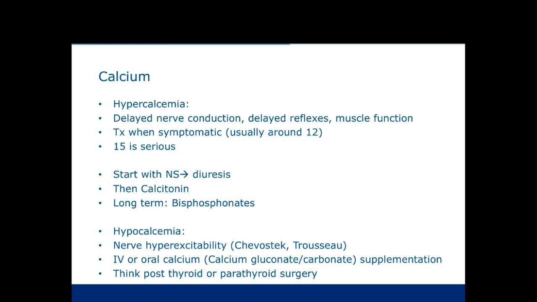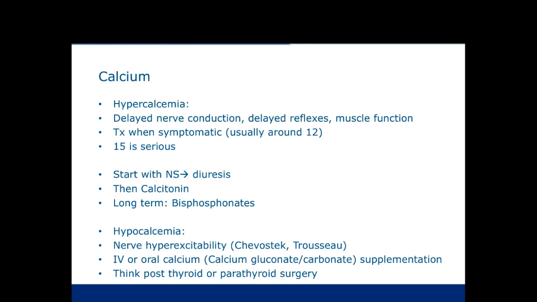No matter what the cause, whether it's malignant, primary hyperparathyroidism, or different reasons, if it's worrisome, you start with normal saline. It just causes your kidneys to excrete it. And then you can give calcitonin to decrease the levels acutely if you're having seizures or symptoms from the hypercalcemia. And for the long term, you could start using bisphosphonates. But the essential point is you start with normal saline to cause diuresis.